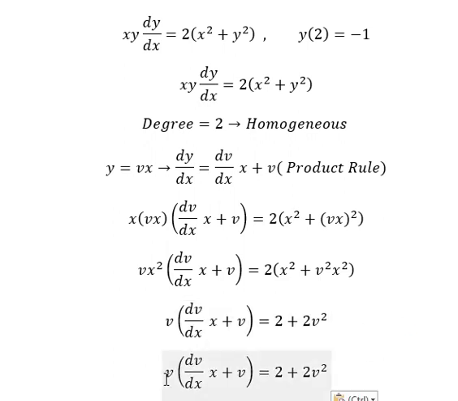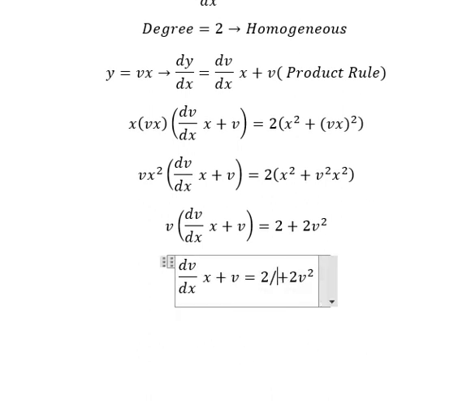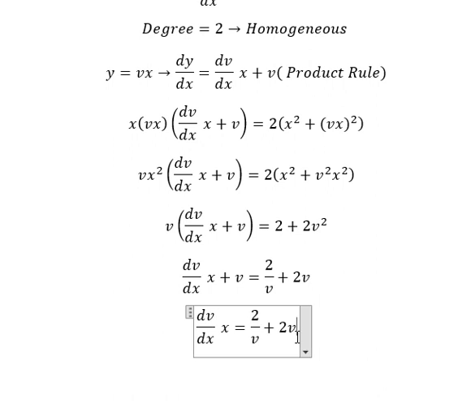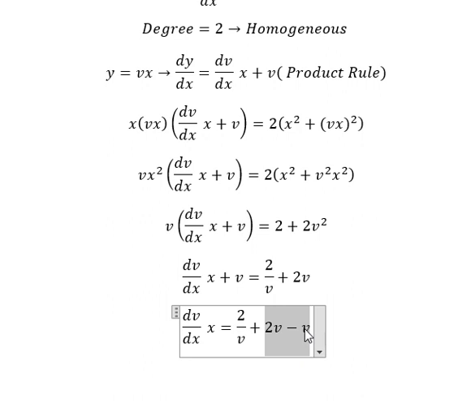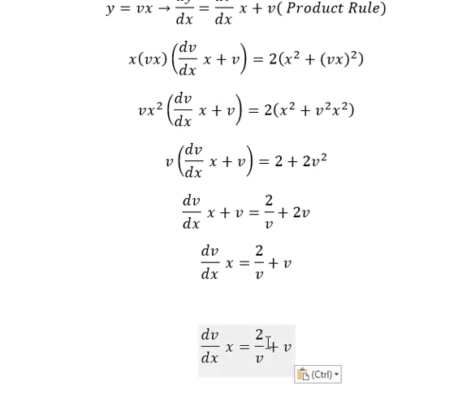Now we divide both sides by v. So v I will put on the right, and we have negative v. 2v minus v, we have v. So we put 2 over v plus v go to the left, the s and s go to the right.